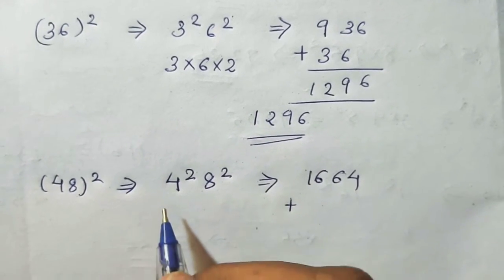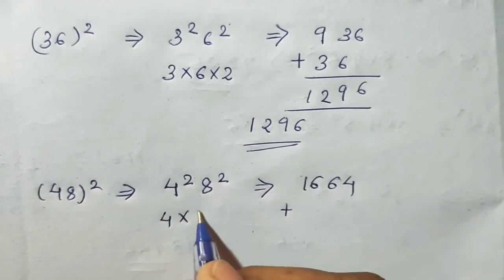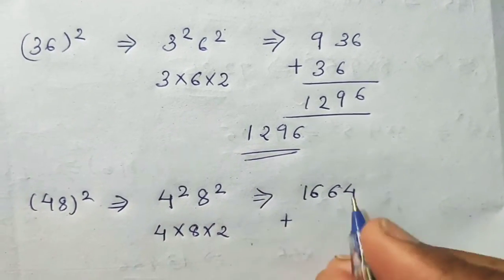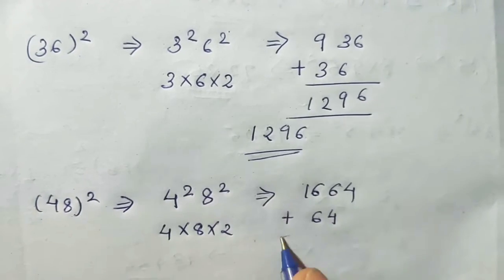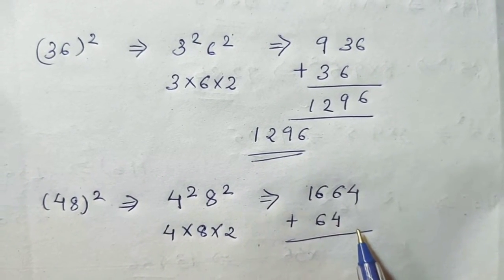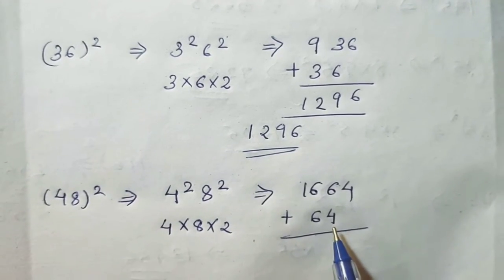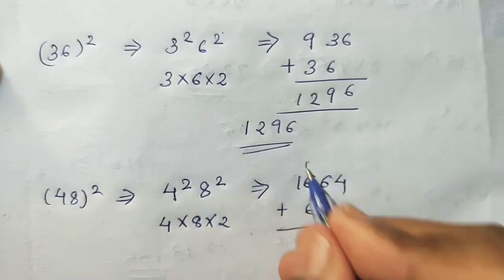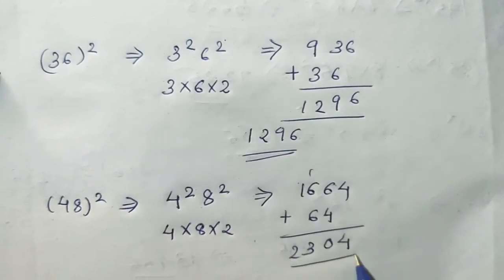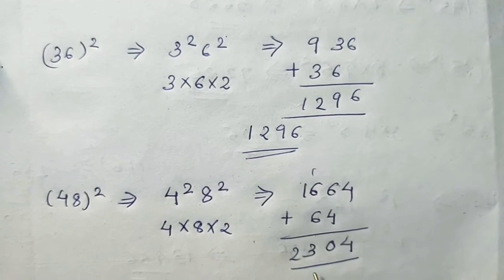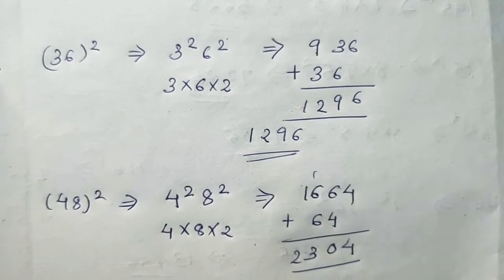That is 4 into 8 into 2, which is equal to 64. Always remember that we have to leave the last place. Okay, after that only we have to do the addition. So the 48 square is this number, 2304. Okay.